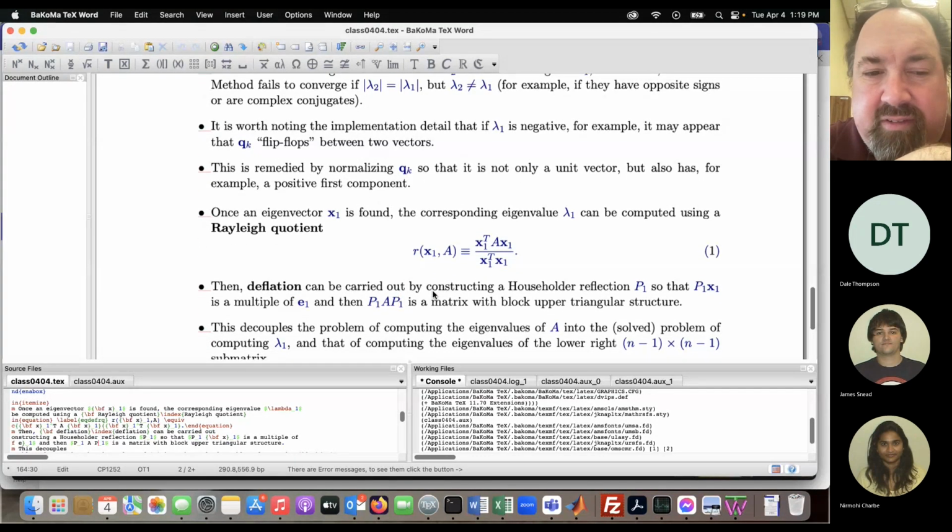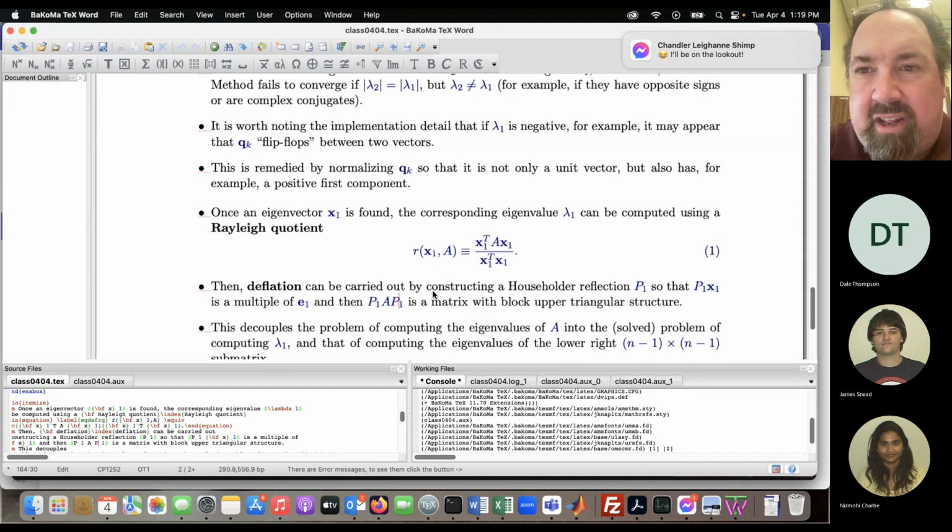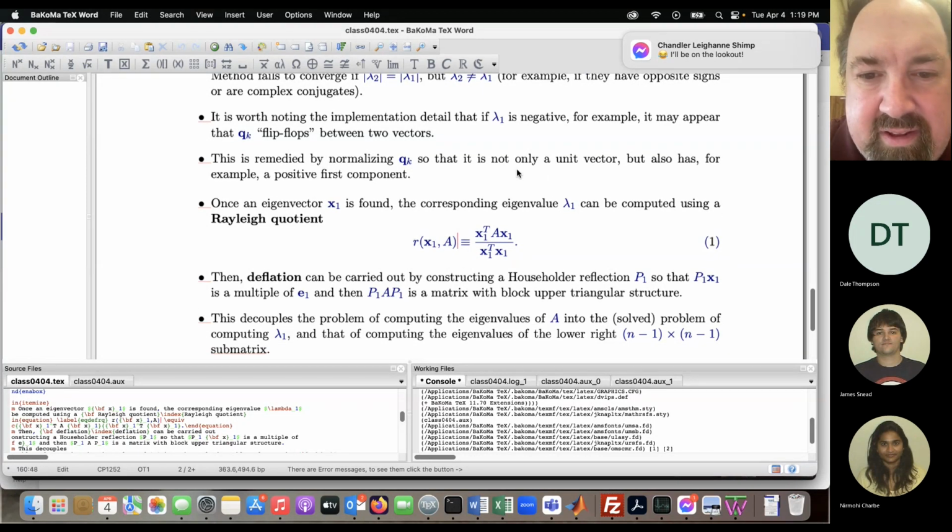And actually, I think I have an exploration for that. I don't think I assigned it, though. That is a way for a matrix that has real eigenvalues, at least, to use the power method to get all of them by first using the power method on the matrix itself, and then performing deflation, then working on the matrix that comes from that, finding its largest eigenvalue, and so on.